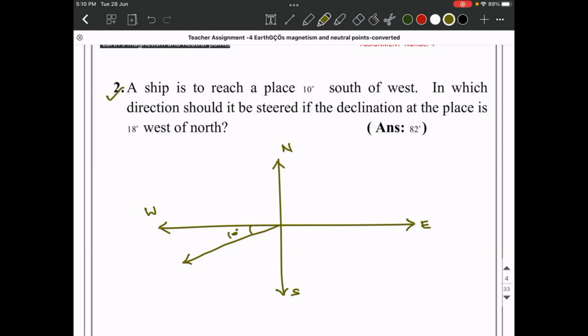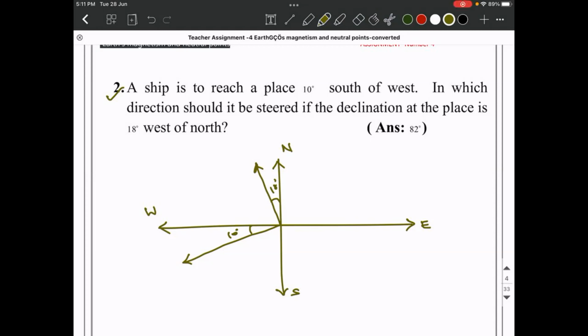So there is a declination in the west of north, right? How much is it? It is 18 degrees. So actually the ship is going in this direction. It is not going in the north direction; rather it is going somewhere between north and west at an angle of 18 degrees. But what is the expected destination?